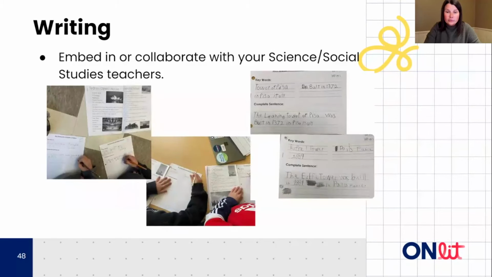We then use these routines to lead to bigger projects. After reading and learning about several famous structures, students then work together to write great sentences. Each day they wrote one sentence about a specific question word, the what, where, why, or how. Each day they crafted one great sentence.